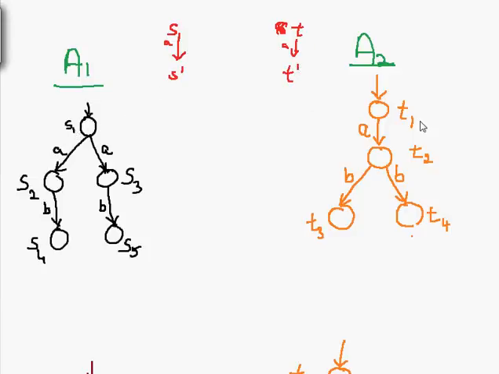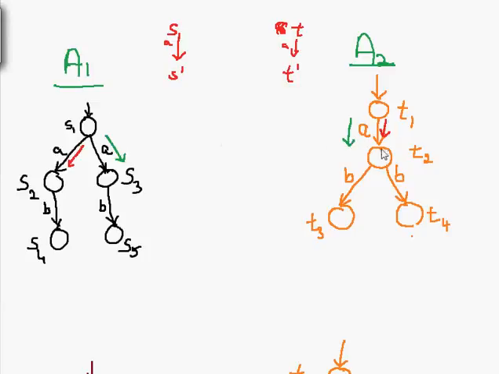For S1 and T1 to have a bisimulation relation, I should check the outgoing transitions, that is, the actions it performs to go to the other state. So S1 has a transition to S2, and T1 has a transition to T2. Okay, this is done. Then S1 has a transition to S3, and T1 has a transition to T2.